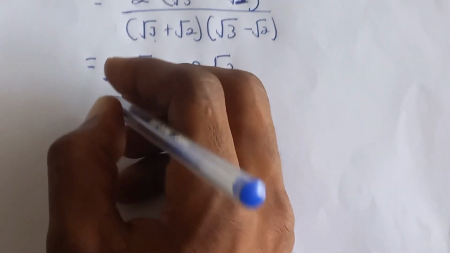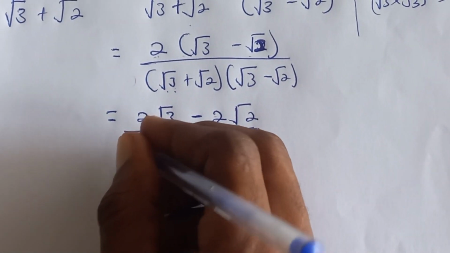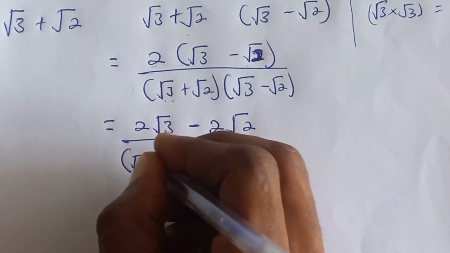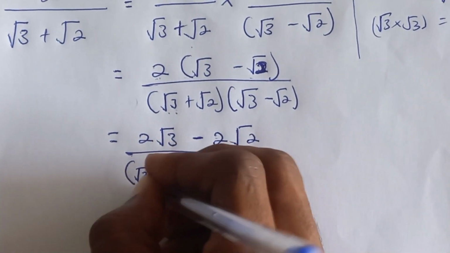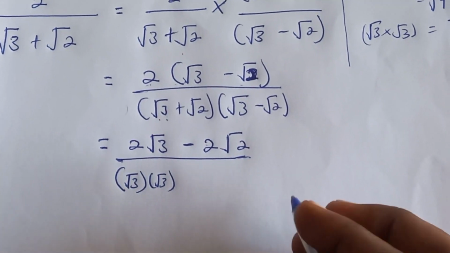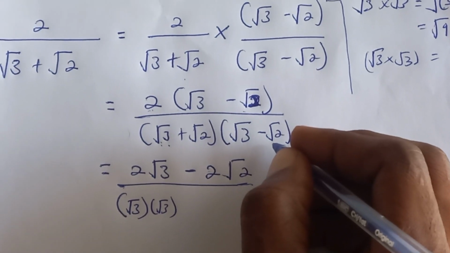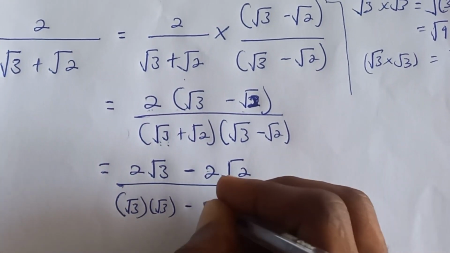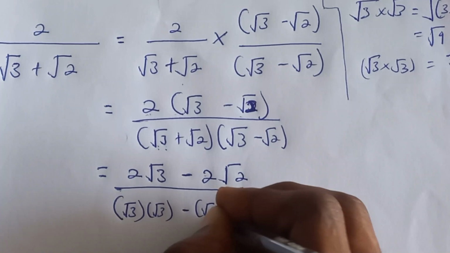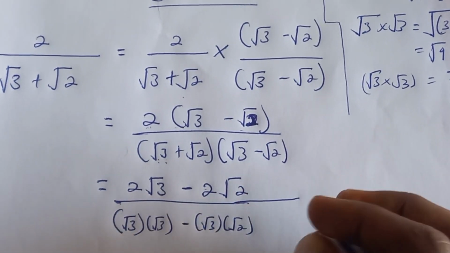So let's do it here. So we are going to get root 3 multiplied by root 3. Then root 3 times negative root 2, so it's going to be minus into brackets root 3 multiplied by root 2. Let's continue.